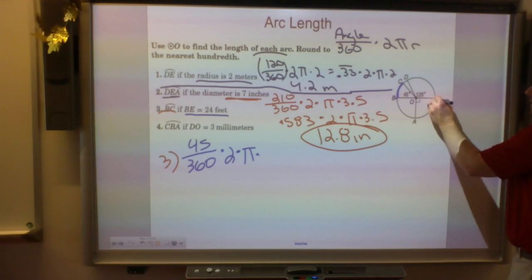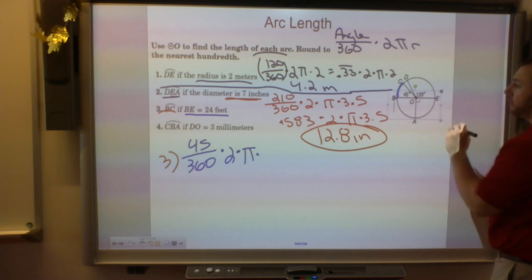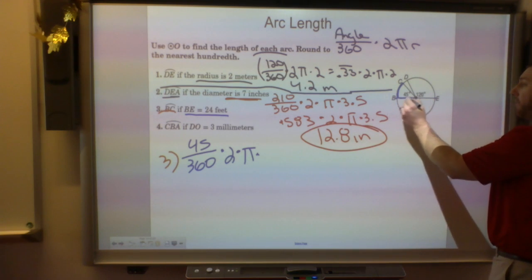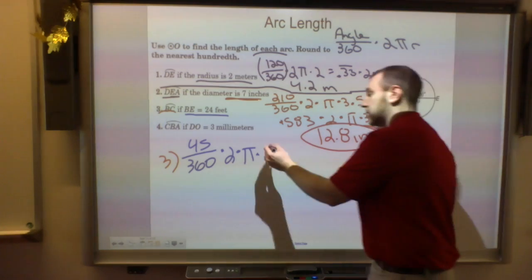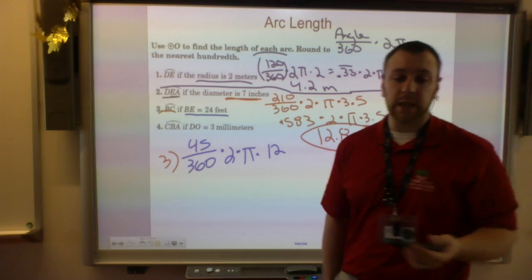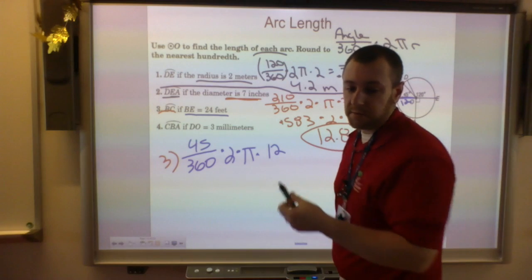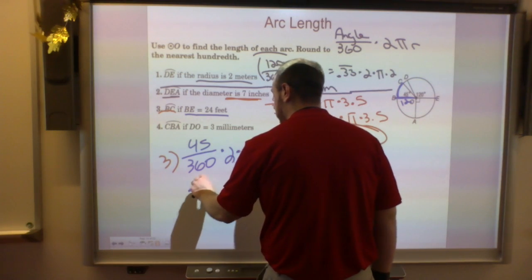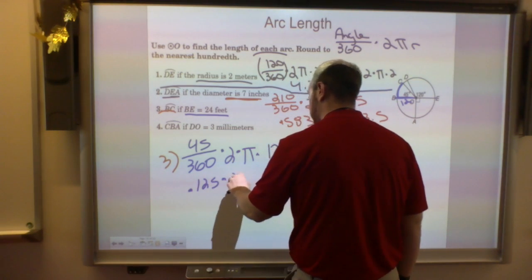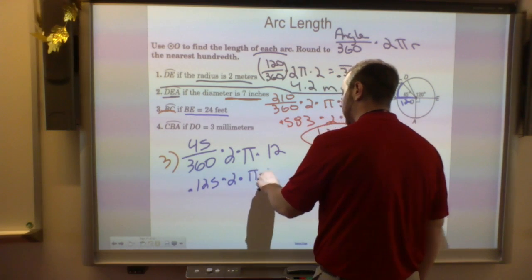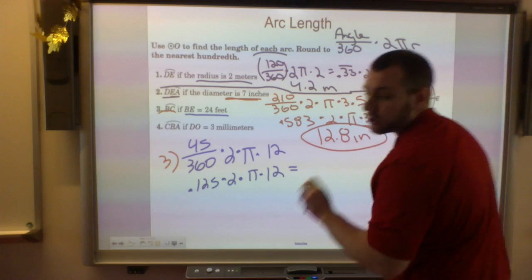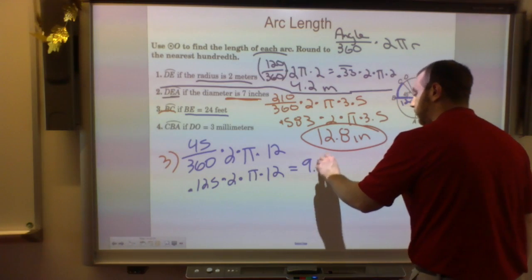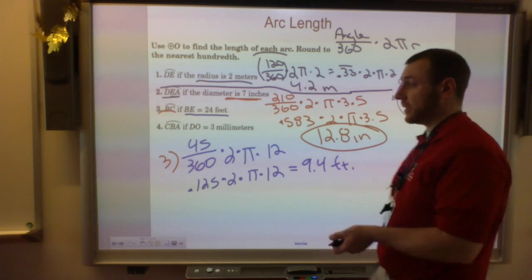So B to E is 24 feet, which means that half of that, B to O, is 12. Again, I'm going to do that division. I'm going to come up with 0.125 times 2 times pi times 12. My grand total for this should come out to be 9.4 feet when I plug it into my calculator.